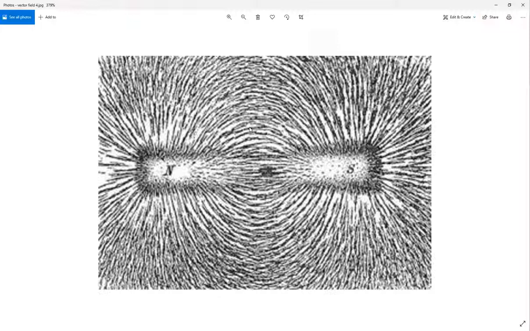Again, we can define a vector valued function to describe the behavior of these vectors that form something that we call a vector field, a field full of vectors.